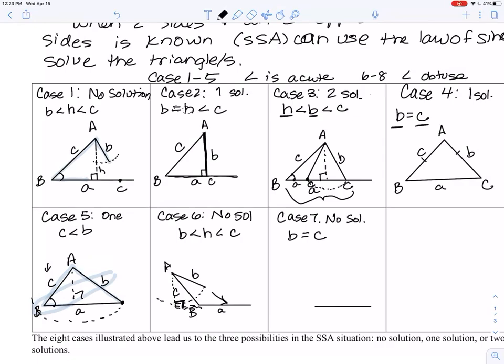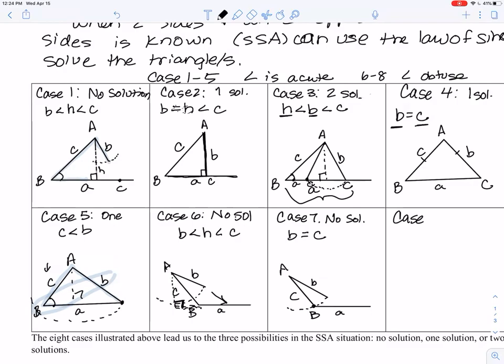So here's side A, here's angle B, it's obtuse, and here's side C, and up here's angle A, and then side B would be the same length as side C. As you notice, as I rotate it around, it's just going to meet side C, and they're just going to create an angle. It won't create a triangle. So if B is equal to C and the given angle is obtuse, you get no solution.